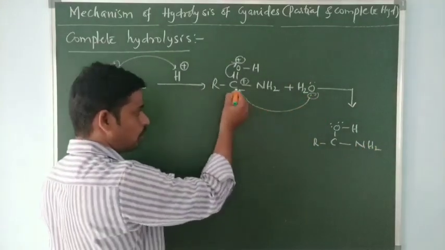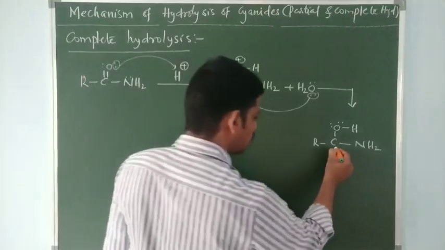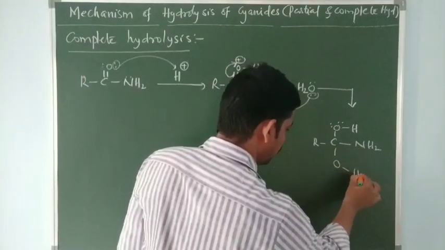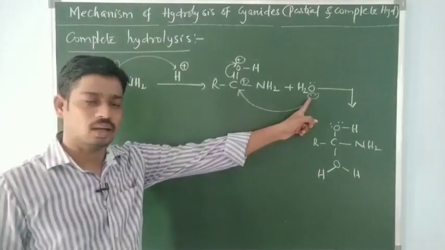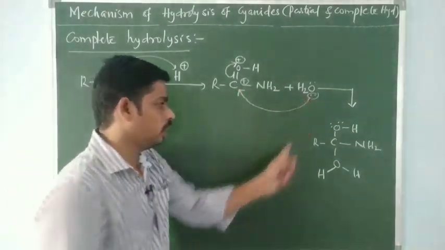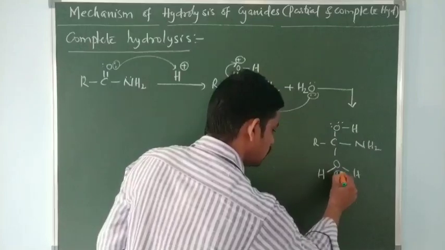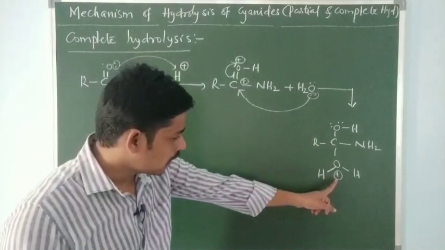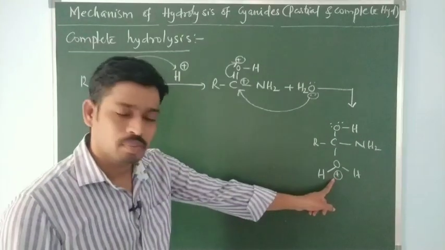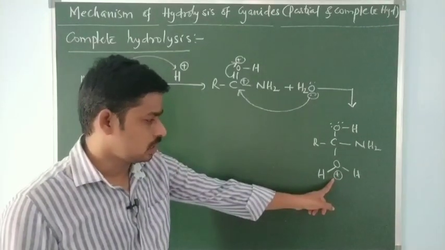Now a new bond is formed between oxygen and carbon. Oxygen donated electrons to carbon, that's why oxygen gets positive charge. Again, this compound is unstable because it has positive charge on the oxygen.